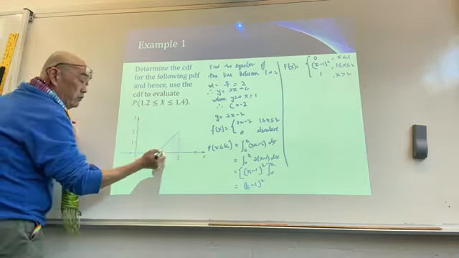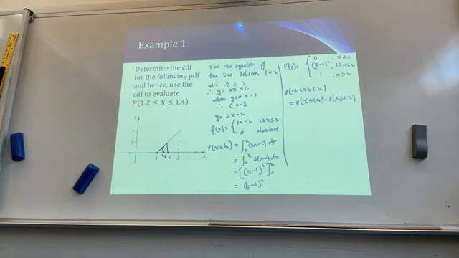This is 1.4. So you've got a bigger area, take away a smaller area. So it's F(1.4) take away F(1.2), and working that out should be just 0.12. That's the probability between 1.2 and 1.4.